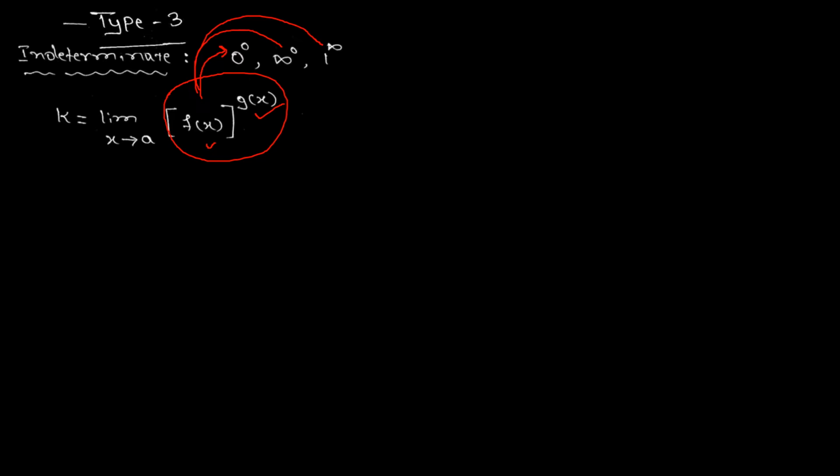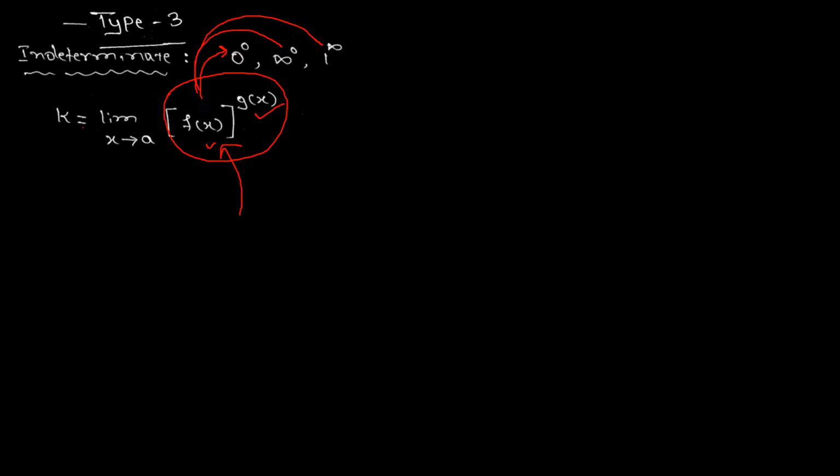As we know, L'Hospital's rule is applicable for only 0 by 0 or infinity by infinity. So a few manipulations have to be done to this function so that it will be in the form of 0 by 0 or infinity by infinity.